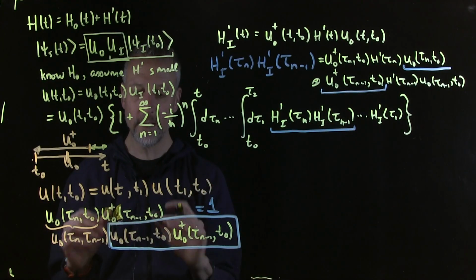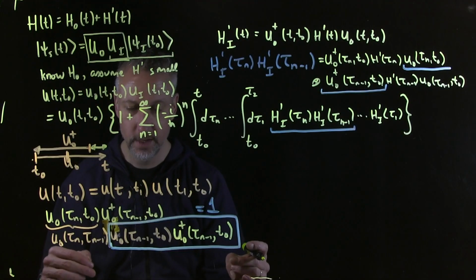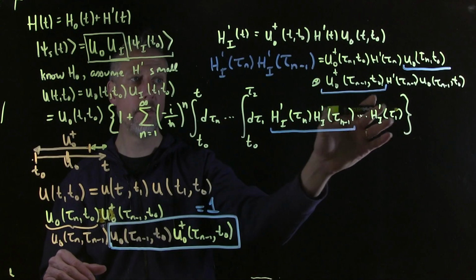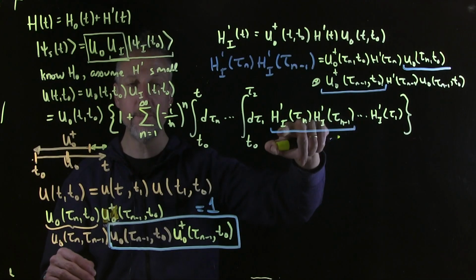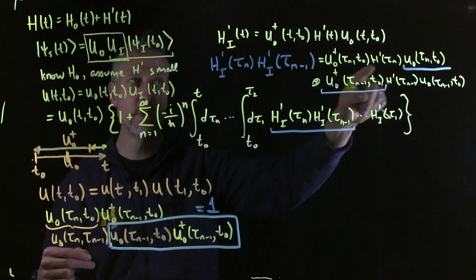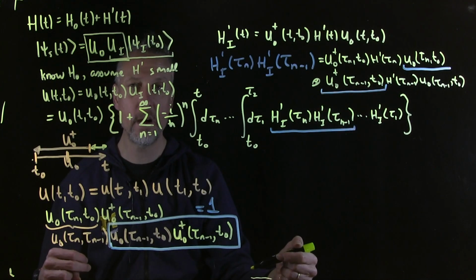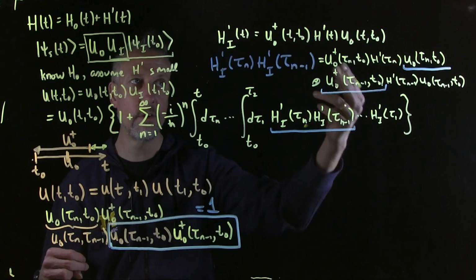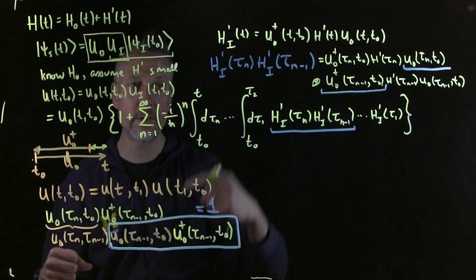Okay, so when you recognize this remarkable feature, you can rewrite all the pairs of terms. First, you convert them back to the Schrodinger picture. So you explicitly include the u naught operators to convert from the interaction picture back to the Schrodinger picture.